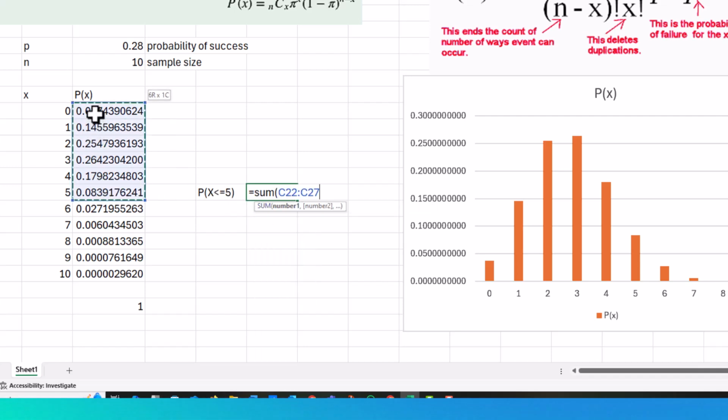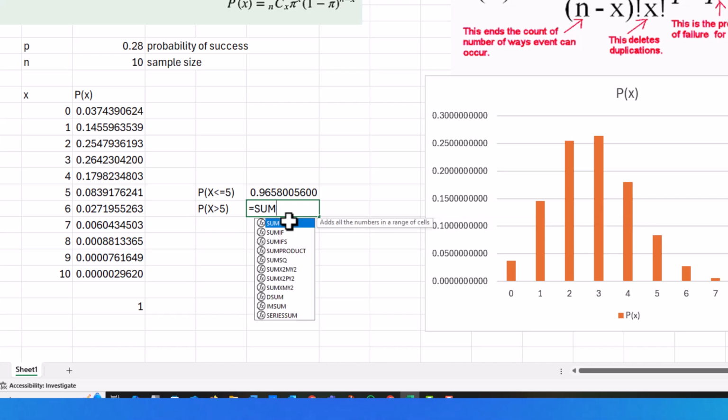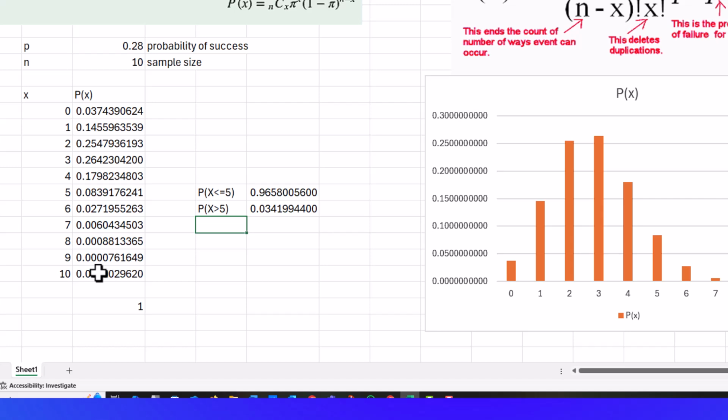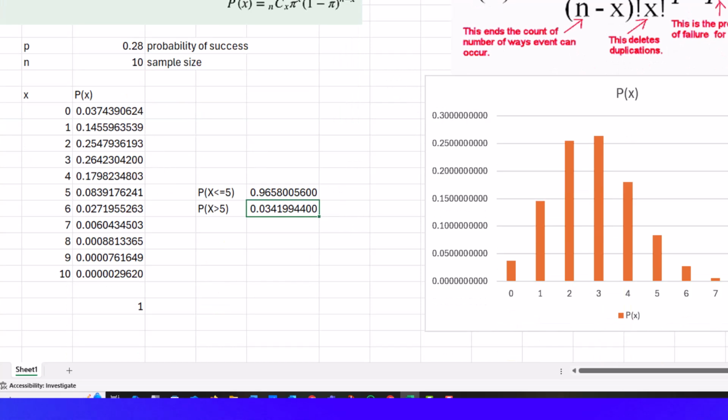I could just simply sum these probabilities, and this would give me 5 or less. What if I wanted the probability of more than 5? Notice I didn't put the equal sign there, so that would be 6 to 10. And of course, we would expect that to be a very small probability. And so this is just a very quick way, with this formula, to not have to do all this craziness to get these probabilities.